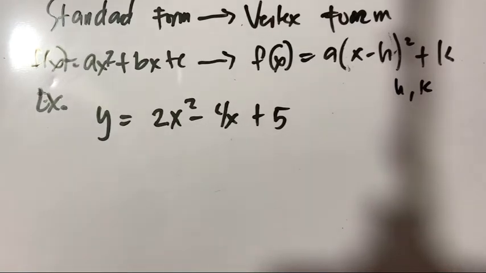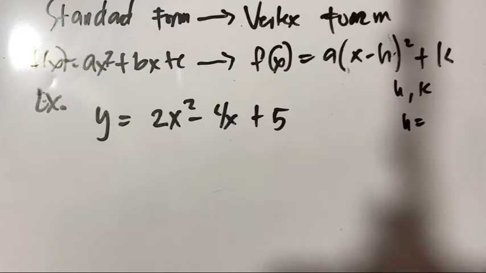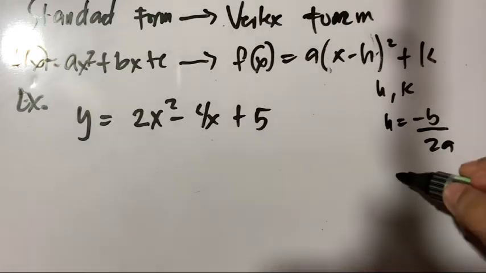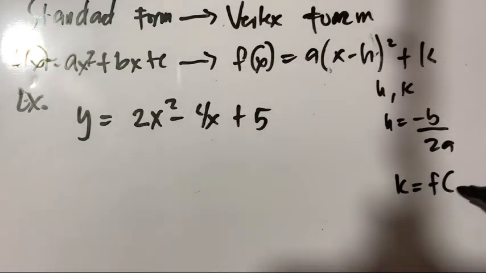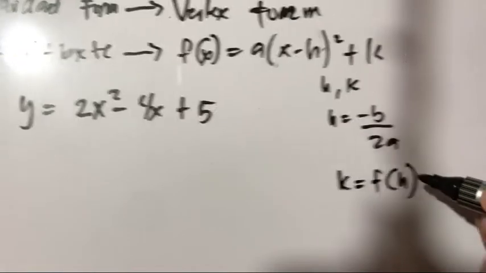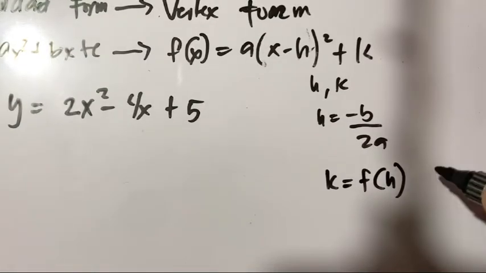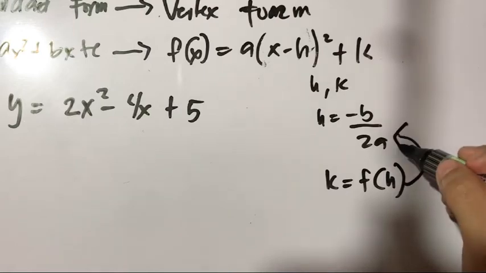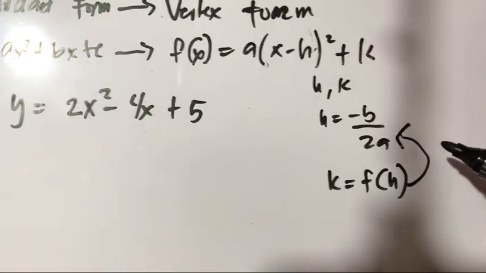So to get this, we have to follow a formula. To get the h, this is just simply negative b over 2 times a. And to get the k, this is just equal to f of h, or simply we just have to substitute the value of our h to the function, no?